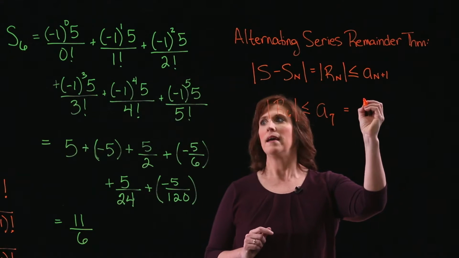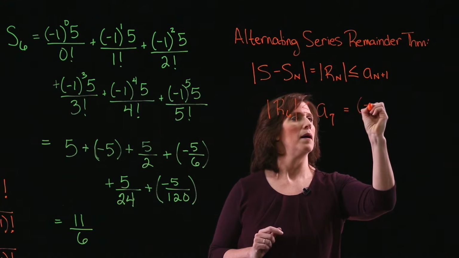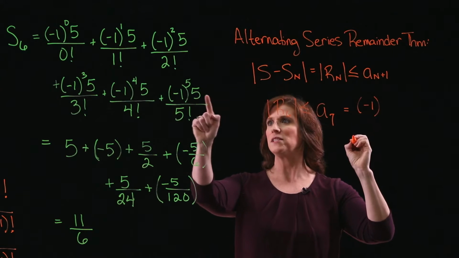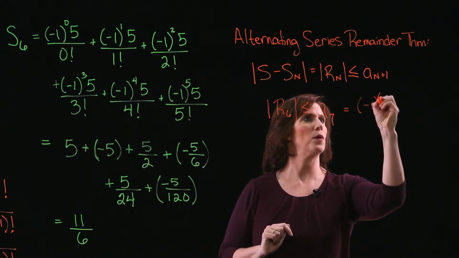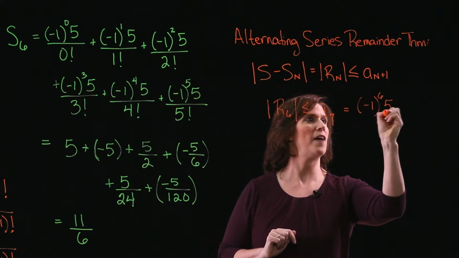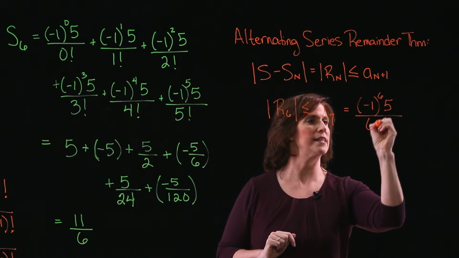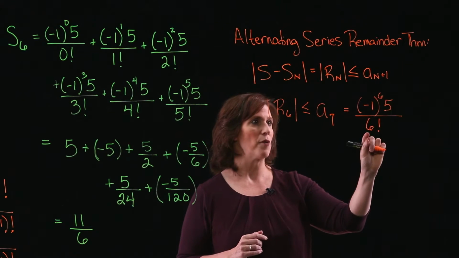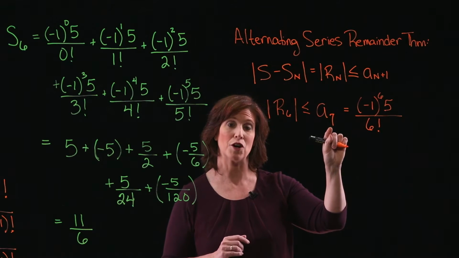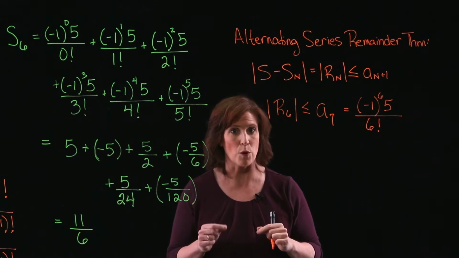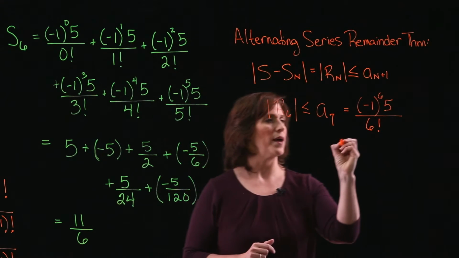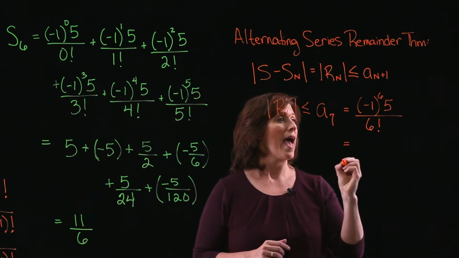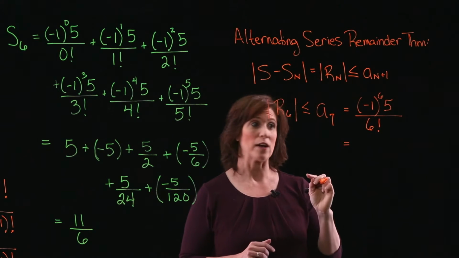Well, it would be minus 1. The next term, this is the 6th term, remember, so that would be minus 1 to the 6th power times 5 all over 6 factorial. It might seem a little odd that it's the 6th power and 6 factorial and it's the 7th term, but remember we started with the 0th term. Okay, so if you calculate this, minus 1 to the 6th power is obviously just 1, and we'll have 5 over 6 factorial.